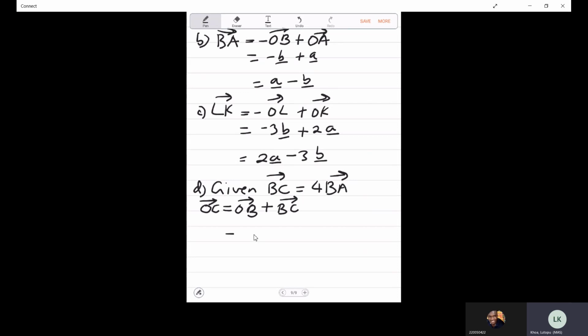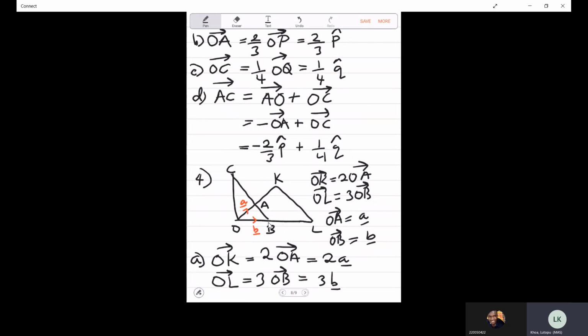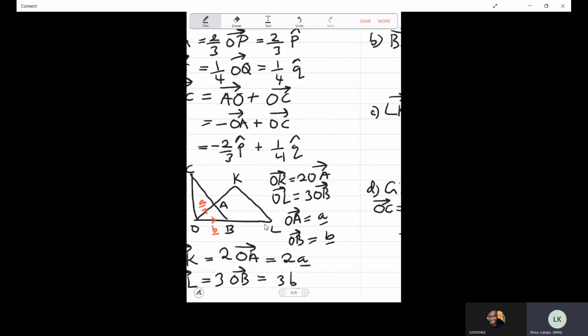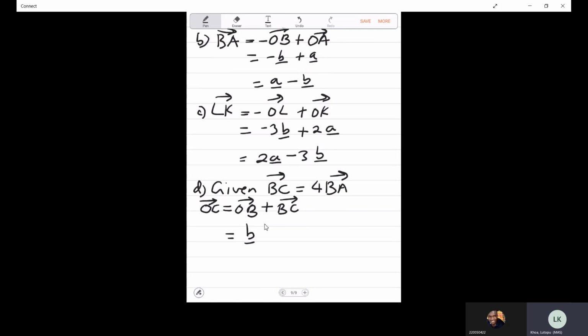Now OB, we say this is our little b. And then BC is 4 times BA, and BA is over here. So I just substitute this A minus B over here. A minus B. And this is equal to 5A minus 4B.